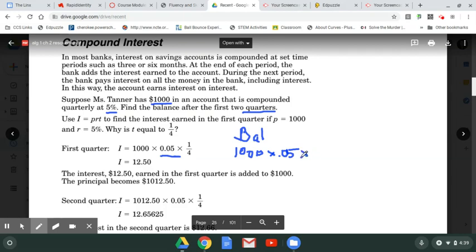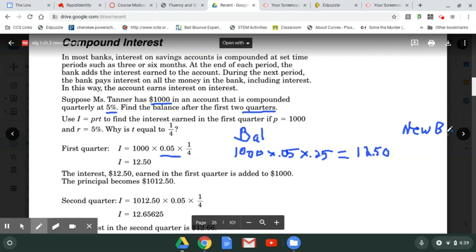And for a quarter, I don't usually like to use decimals, but for the sake of putting it in the calculator, it can be easier when you know the decimal. You know my hand doesn't always do what the mouth tells it to do. All right. Okay. So when we do this calculation, we're going to get 12.50. Okay. So now you have to add the 12.50 interest to the balance to get the new balance.